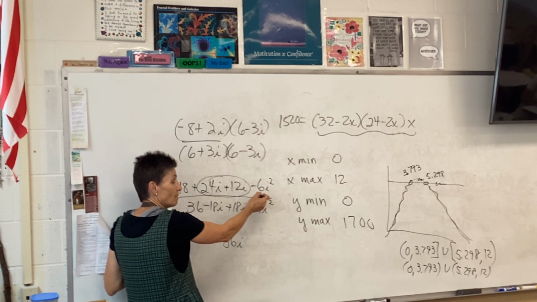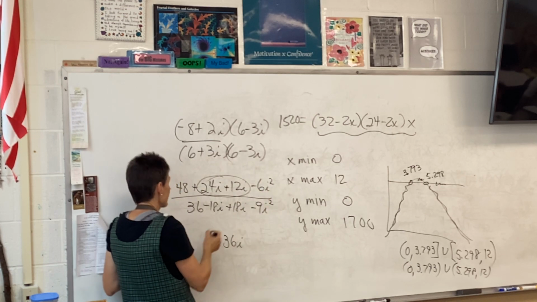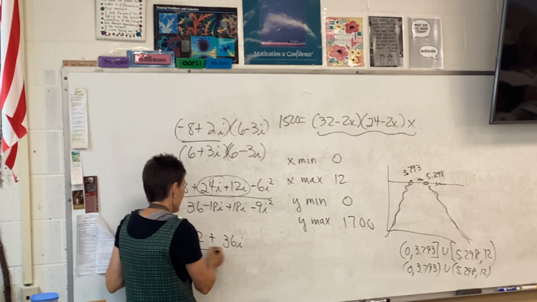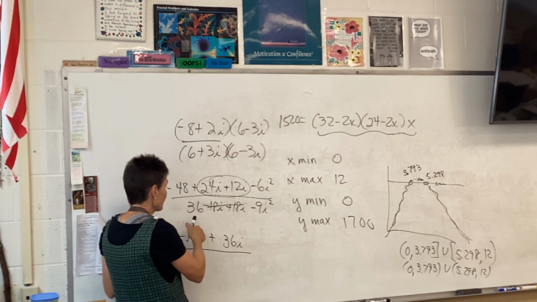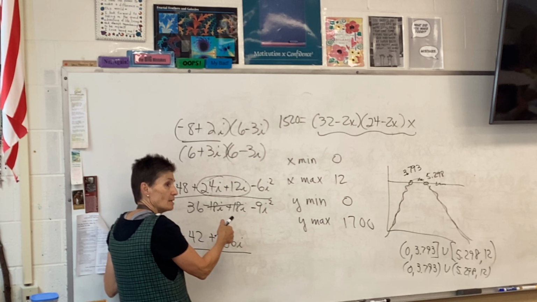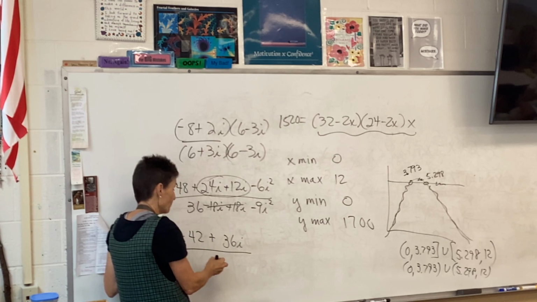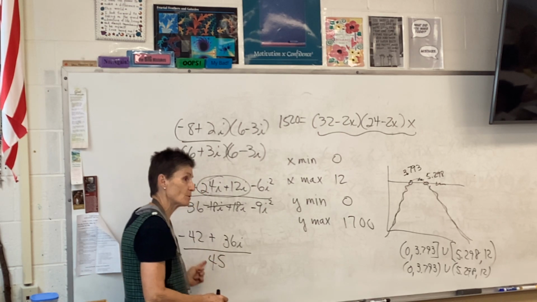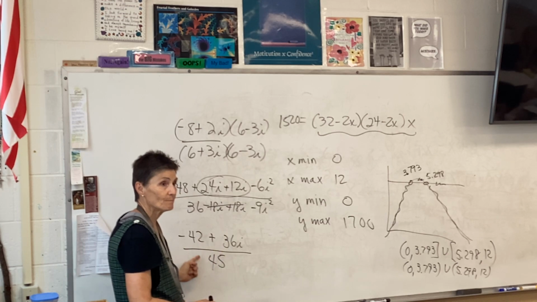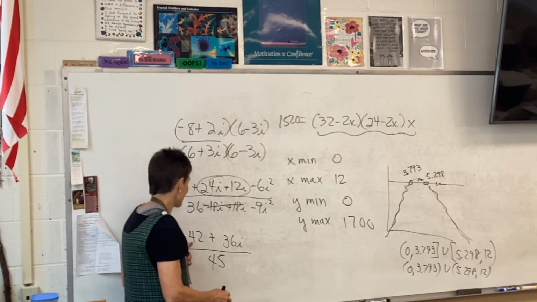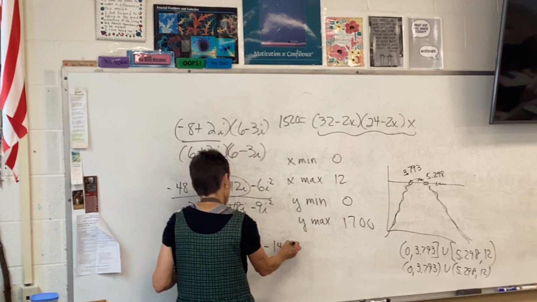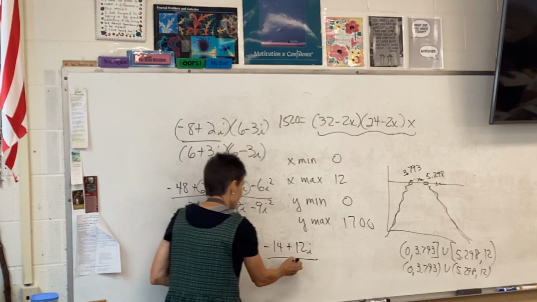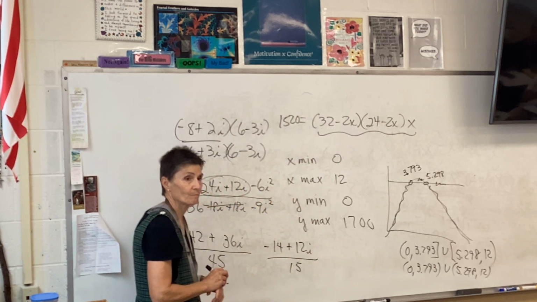This is going to become plus 6, plus 6. So that's going to be -42. And then on the bottom, I'm going to have 36 plus 9, which is 45. Now I want you to look carefully at these 3 numbers. Can I reduce that? By 3's. So that's going to be -14 plus 12i over 15. And then I'm done.